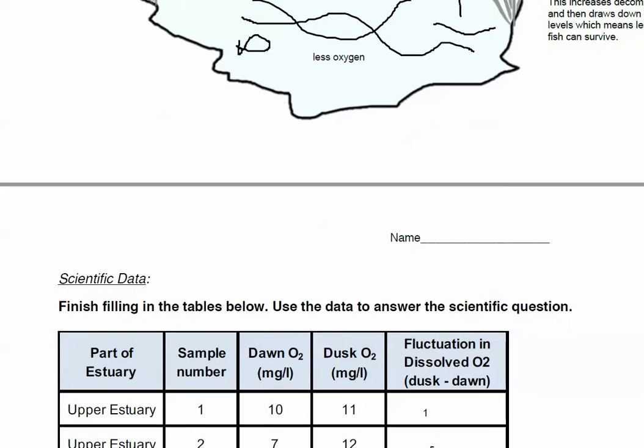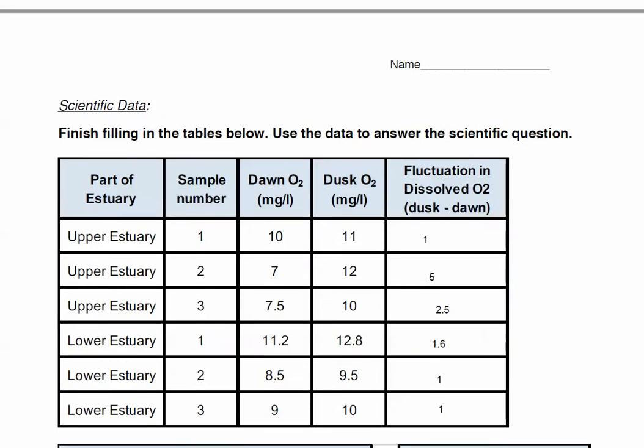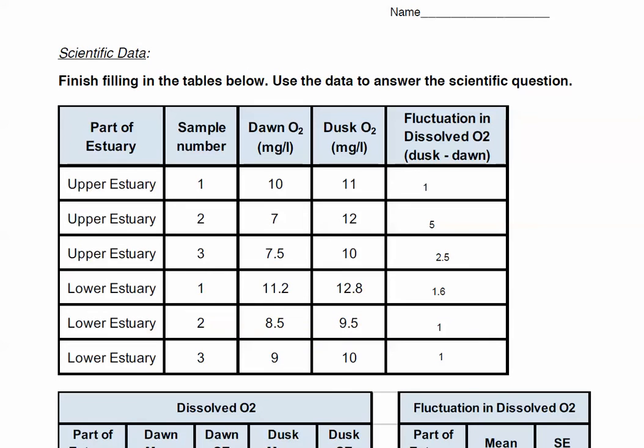On the next page, you were asked to fill in this data table with the fluctuation in dissolved oxygen. I just subtracted these two numbers to get these numbers in the right-hand column.